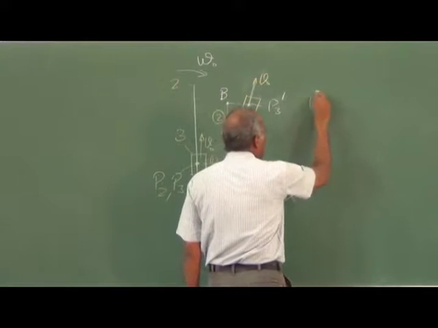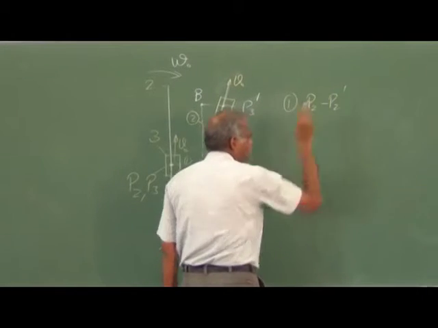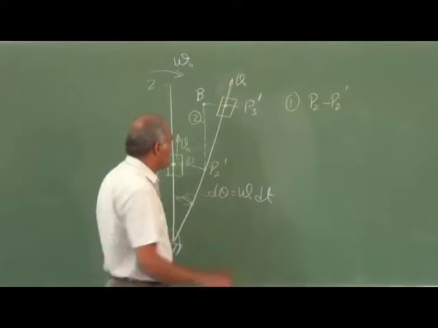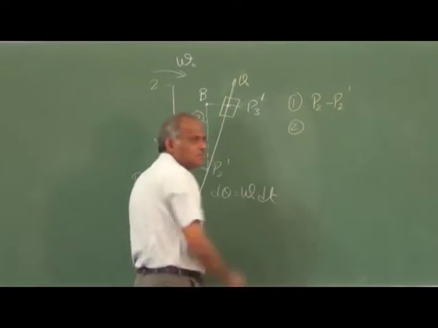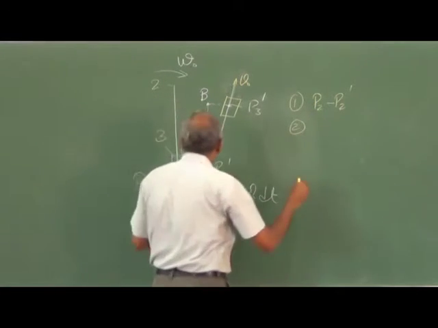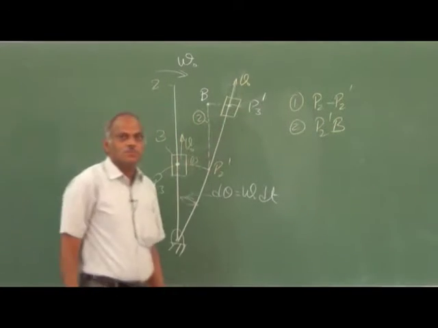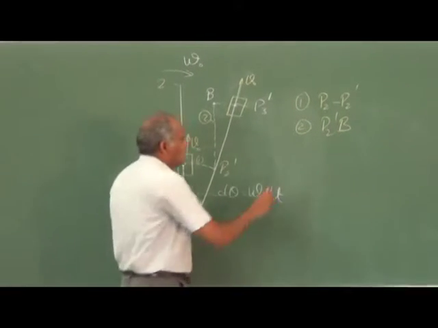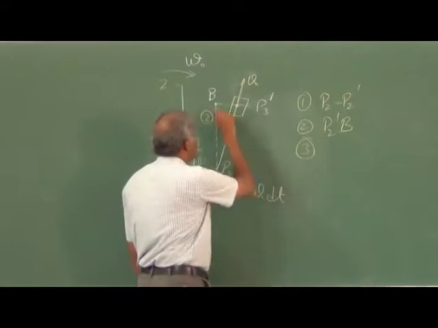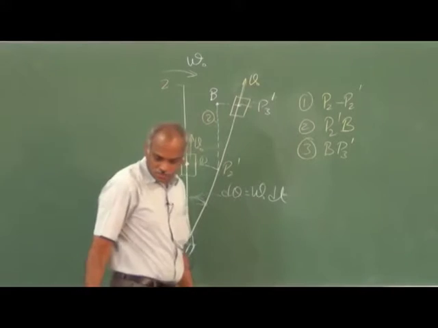So the first segment is P2 P2 dash, the second segment is the path P2 dash B, and the third segment is B P3 dash.